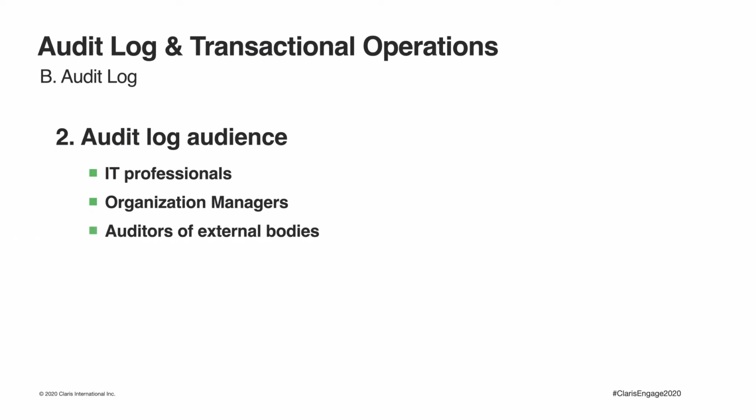Auditors of external bodies ensuring the organization's compliance to accreditation requirements. Users that need to view a record history or even roll back to a record's previous state. These are some examples of the stakeholders the audit log may need to address.